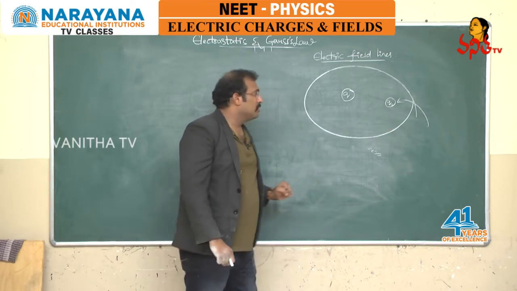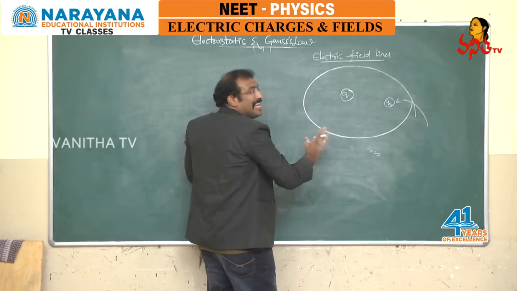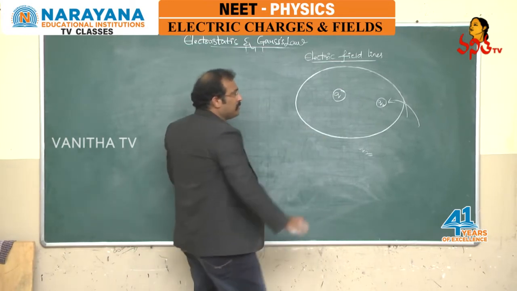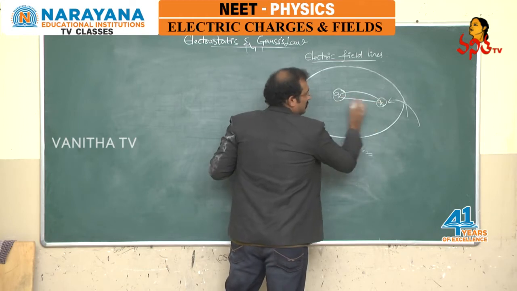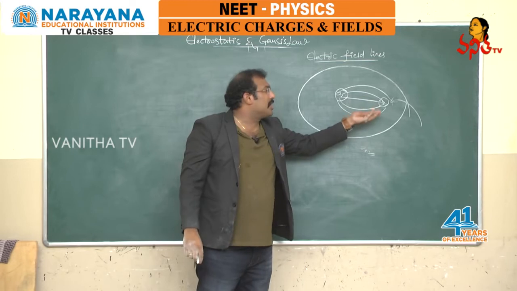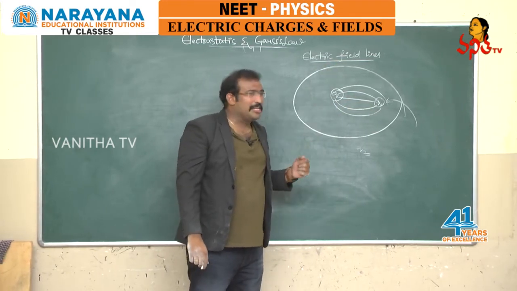So that means this source charge that is producing the field consists of field lines. What are these field lines? That means the field lines due to this one will fall upon this charge like this, produce the attraction or repulsion. We will discuss these field lines in detail.